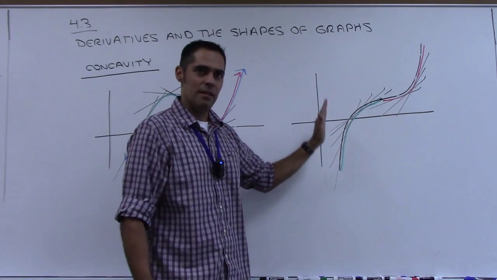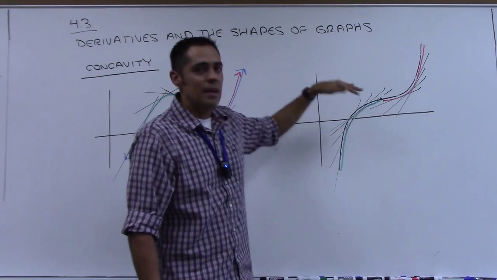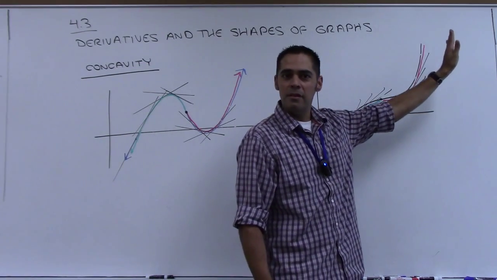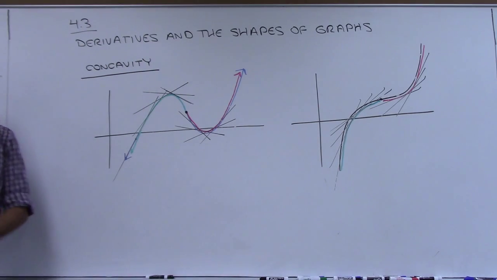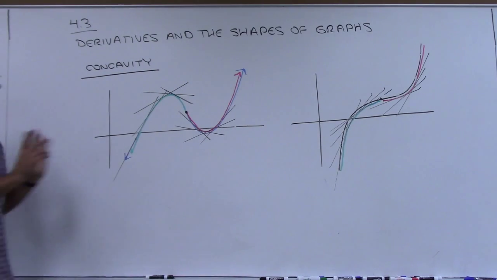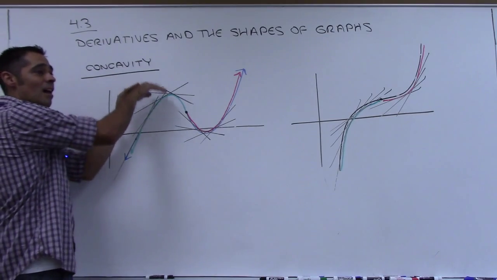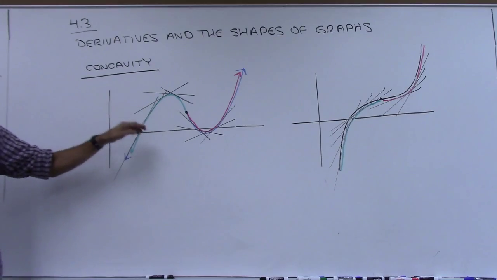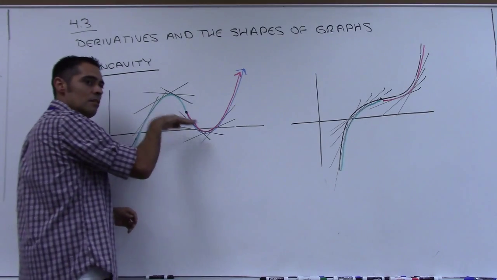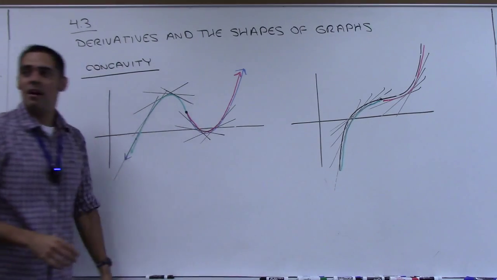The greens have tangent lines above the graph, and the tangent lines here are below the graph. See the difference? That's what concavity is. Anytime your tangent line lies above the graph, we say it's concave down. Anytime your tangent line lies below the graph, we say it's concave up.